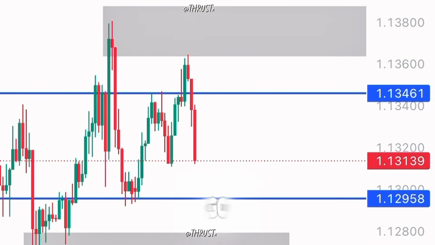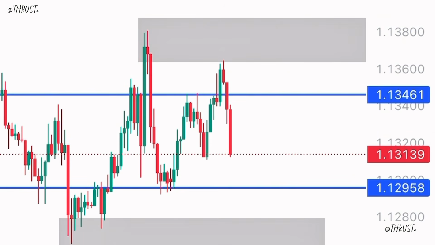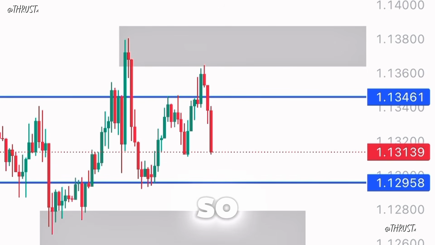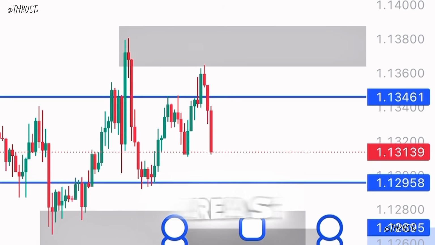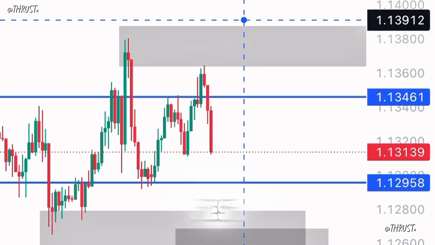So let's go. You need to take notice, okay? You need to take notice of your very strong higher highs and higher lows, because price always comes to test the areas.